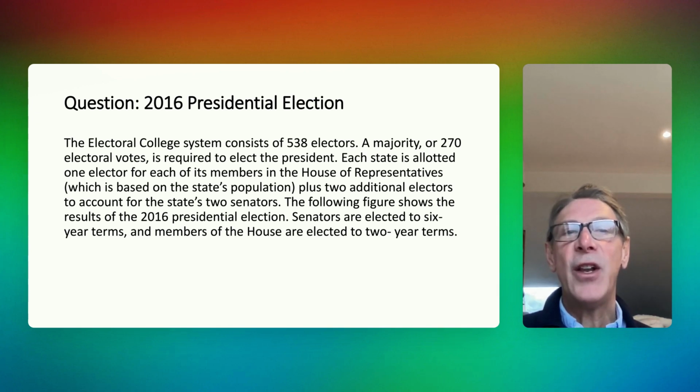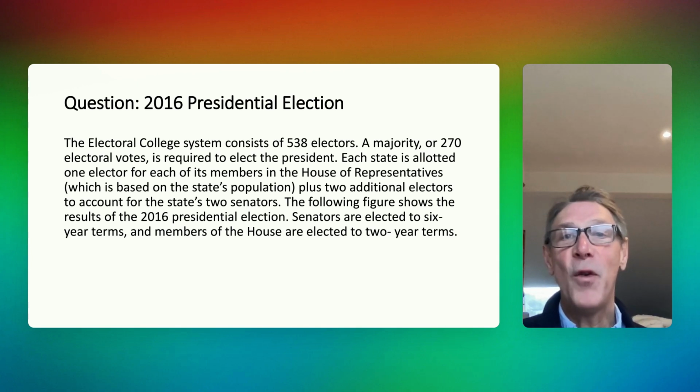Each state is allotted one elector for each of its members in the House of Representatives, which is based on the state's population, plus 2 additional electors to count for the state's 2 senators. So the electoral college of a state will depend on the size of that state. So if you are California, you are a big state, a state with a large population.